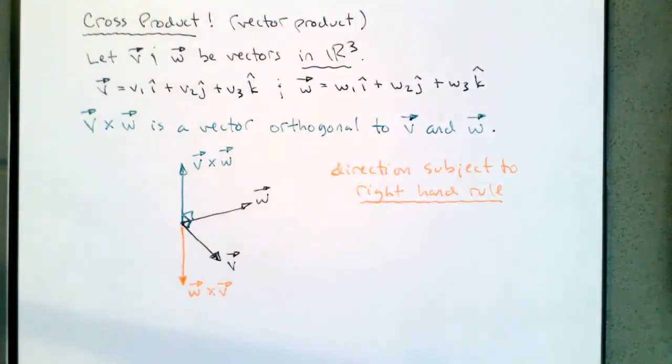The important thing is that V cross W will give us a vector that's orthogonal to V and orthogonal to W. We have to remember that there are two directions that are orthogonal to V and orthogonal to W. The bigger observation here is that if I have two vectors that are not collinear, I'm building a plane, and the cross product will be a vector perpendicular to the plane.